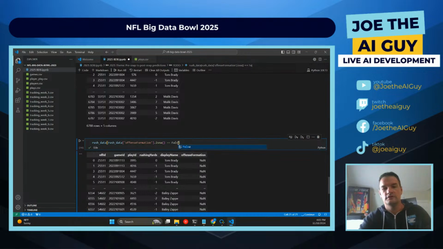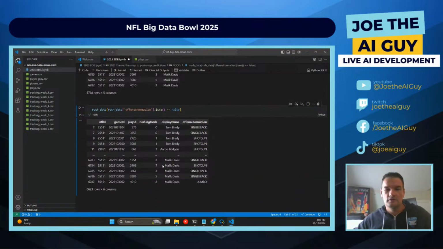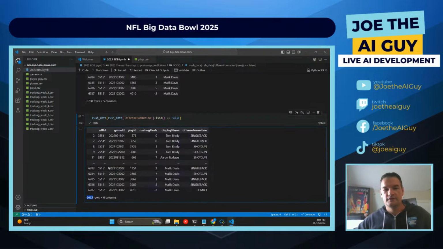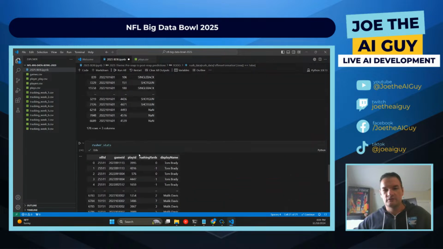All right, so if we do this, we should see much better numbers overall. And then with the cleanup here as well, we now have 6,000 rows.